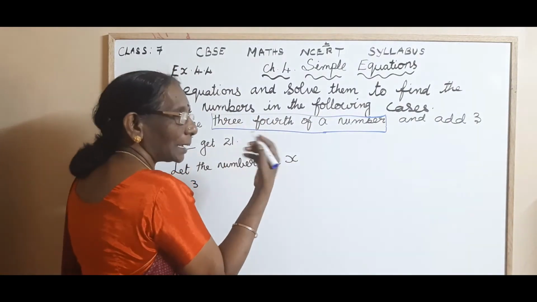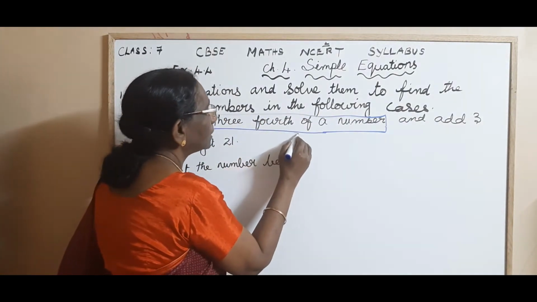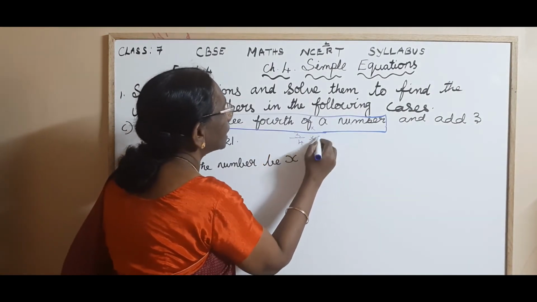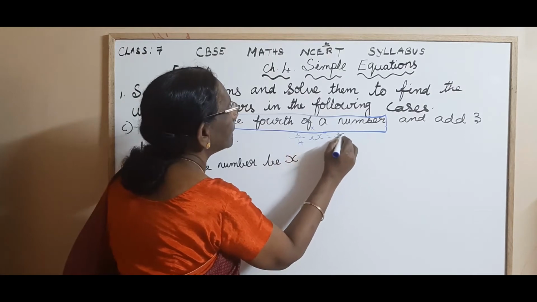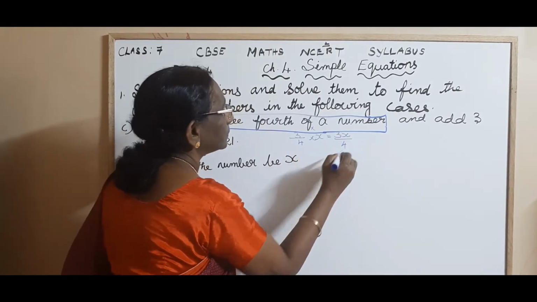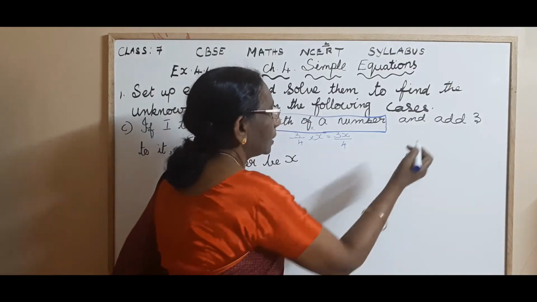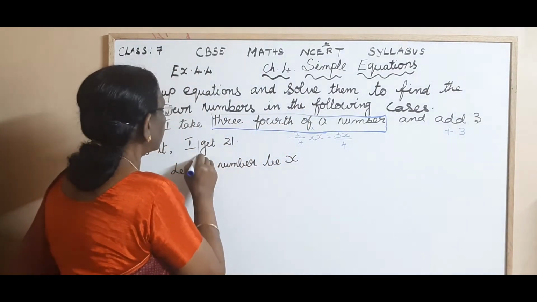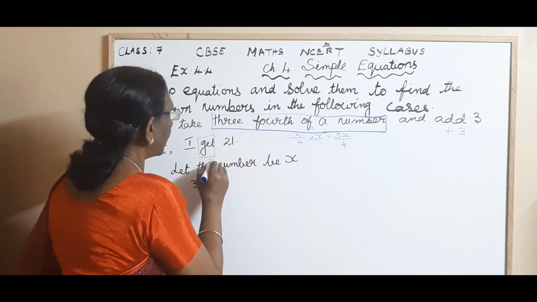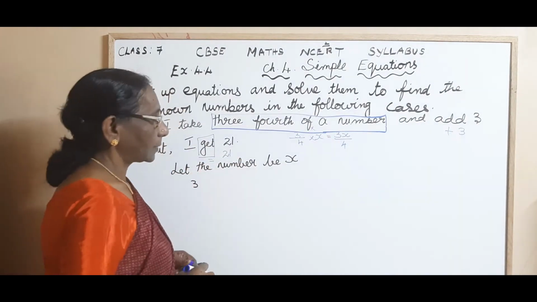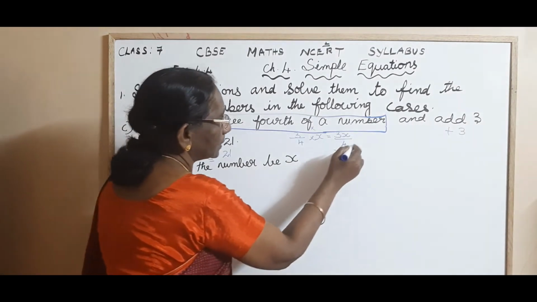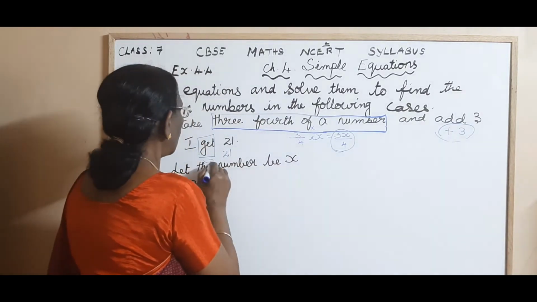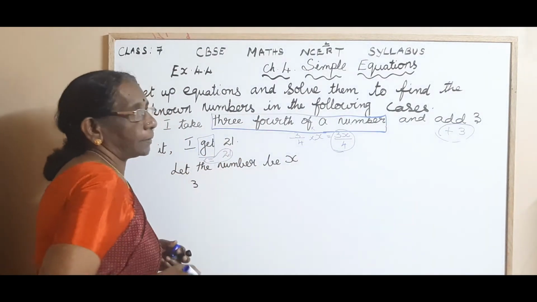It is 3 by 4, and of means into the number x. That is equal to 3x by 4. And then you are adding 3. So what do you get? Get means the equal symbol. You are getting 21. Isn't it, children? Now you join this: 3x by 4 plus 3 equals 21. You are getting the equation.